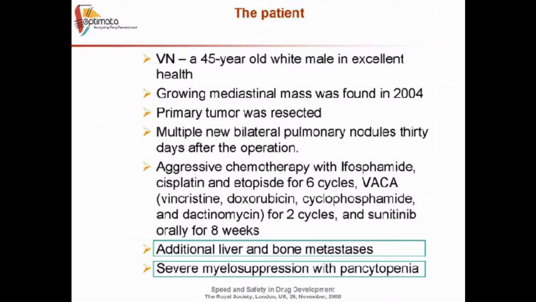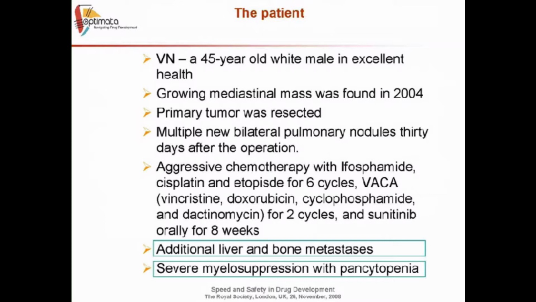This patient had his primary tumor resected, but immediately after multiple new metastases appeared, and it was a very aggressive progressive disease. So he underwent very aggressive chemotherapy by several chemo drugs as well as biological drugs.